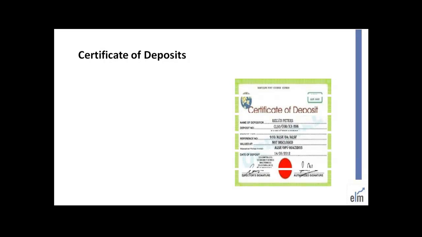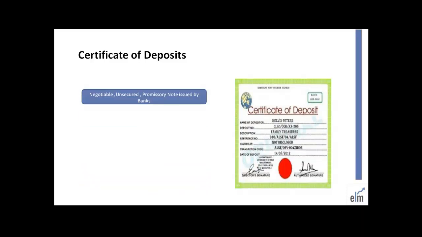Now let us talk of CDs or certificates of deposit, which are like a negotiable unsecured promissory note, which is issued by a bank in the form of a certificate entitling the bearer to receive interest.